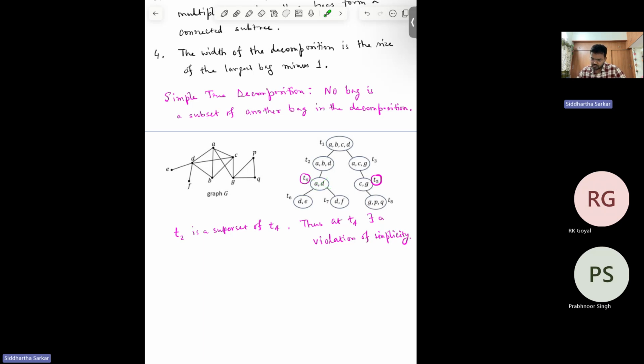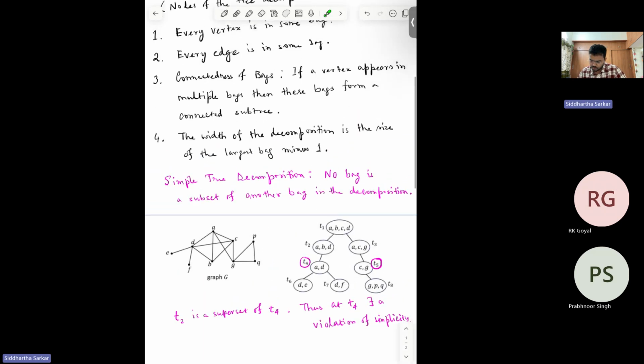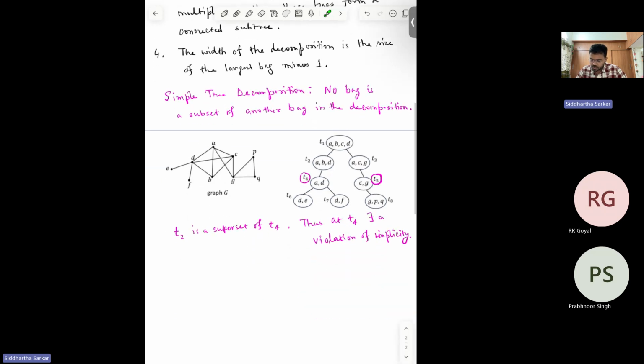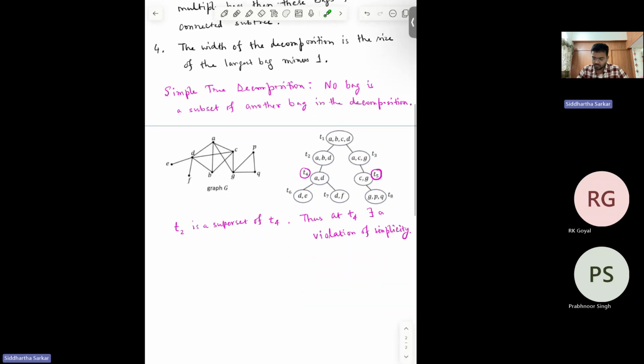First let us do this, and then we will verify that in this process we will not violate any of the tree decomposition properties. So we get down from the original decomposition to this decomposition.